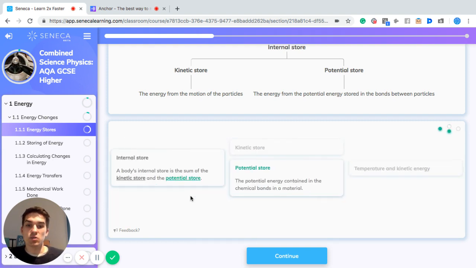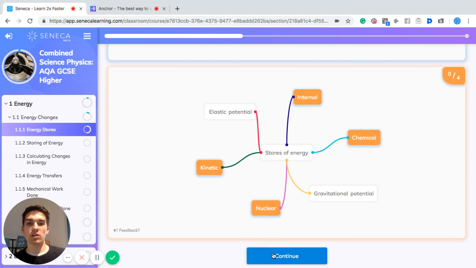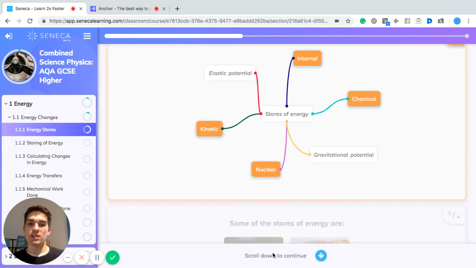And then thinking about potential store, the potential energy is the energy that's contained within the chemical bonds in a material. So the stores of energy, again, we've got elastic potential, we've got nuclear, we've got chemical, we've got internal, we've got kinetic, and we've got gravitational potential.